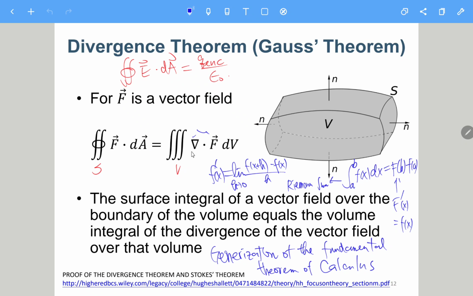Although this is not really a first derivative, it is somehow similar to a first derivative, with a divergence operation. Okay, so actually this is the divergence theorem we will need to use for deriving the differential form of the Maxwell equations.